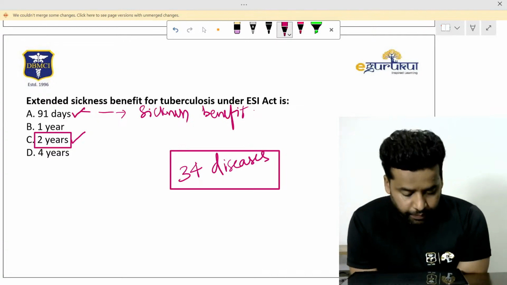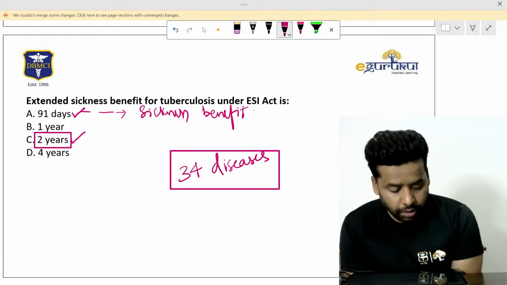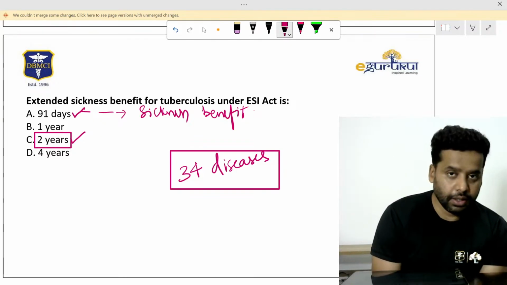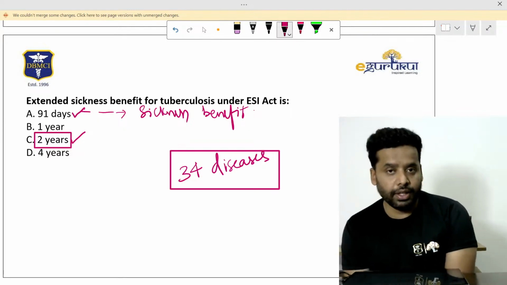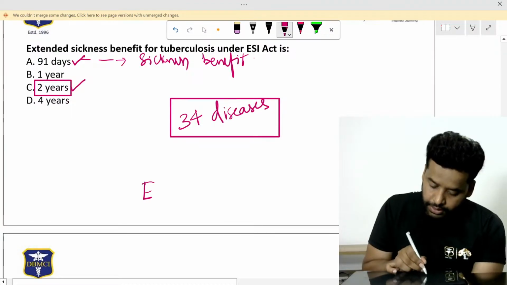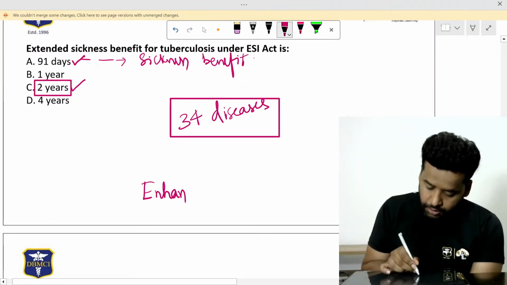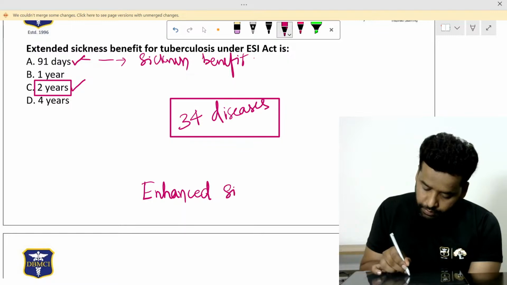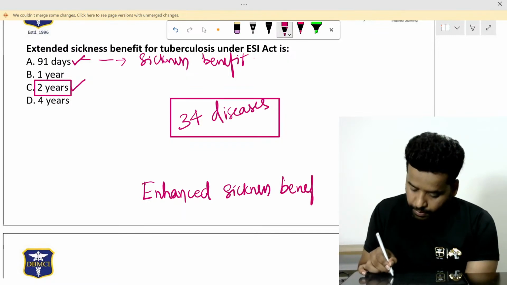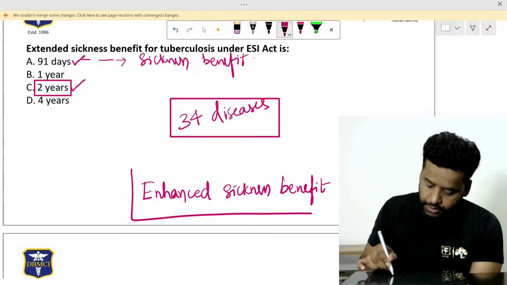If the female wants to undergo tubectomy, then you will get what benefit under ESI scheme? Tell me the word. Exact word I want. If the patient wants to undergo tubectomy, the patient will get enhanced sickness benefit.